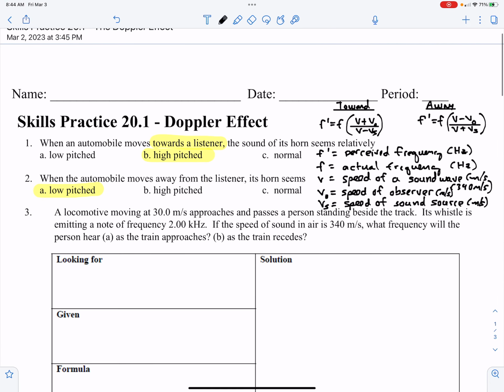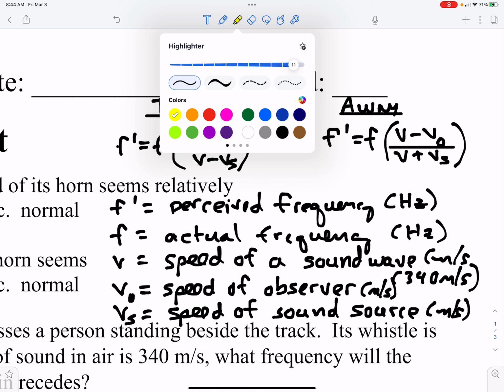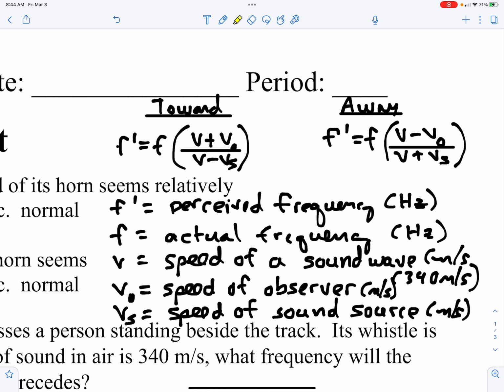Okay, now we're going to use that, and if you look at the way the equations are set up, if the source and the observer are coming toward each other, then we are going to set up the following ratio. Speed of sound plus the speed of the observer divided by the speed of sound minus the speed of the source.